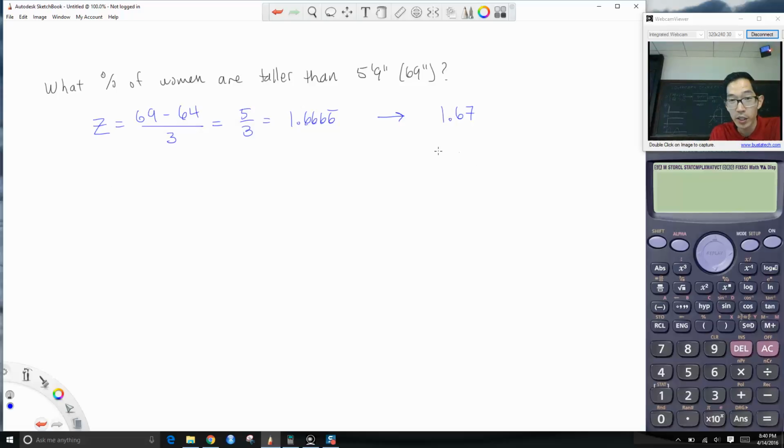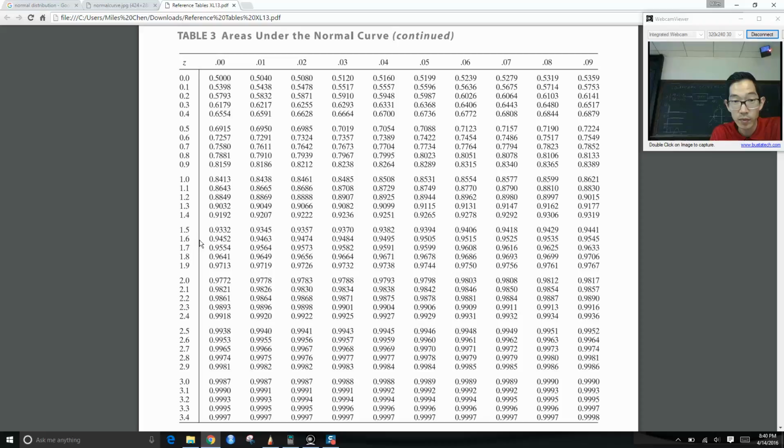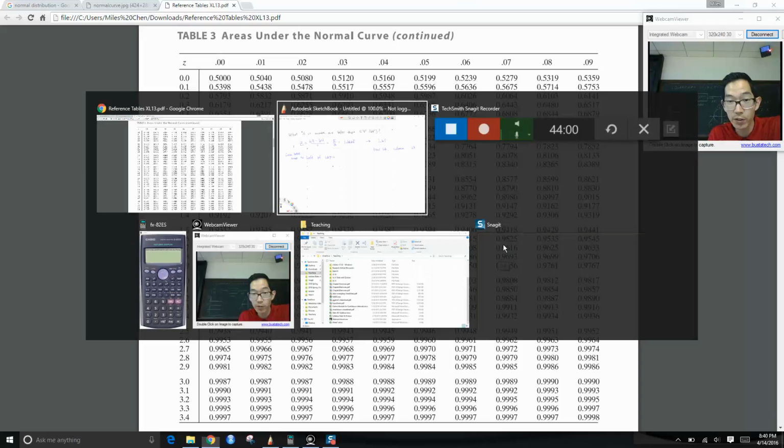So again, we go to the row 1.6 and then the column 0.07. What the table says, the area to the left of 1.67, is going to be 0.9525.